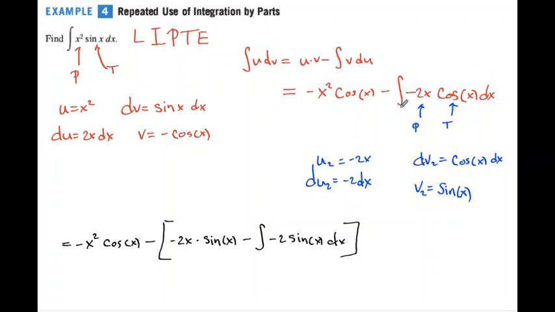So all of this was replaced by the integration by parts formula, and we have to distribute our negative through here. So we're going to get negative x squared cosine x. And now this double negative makes this a plus 2x sine of x.